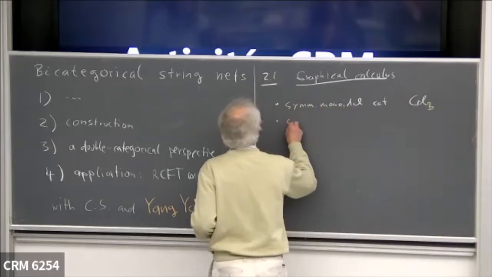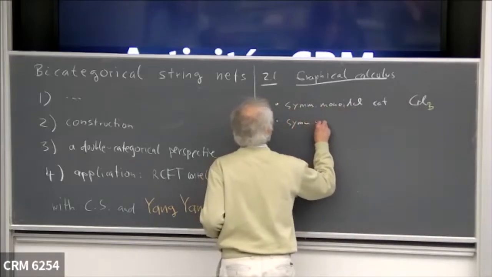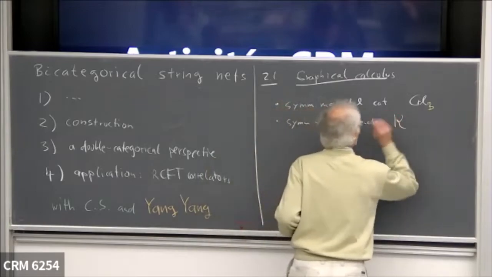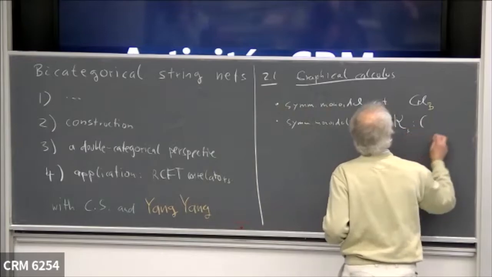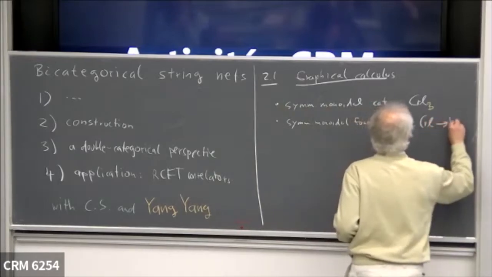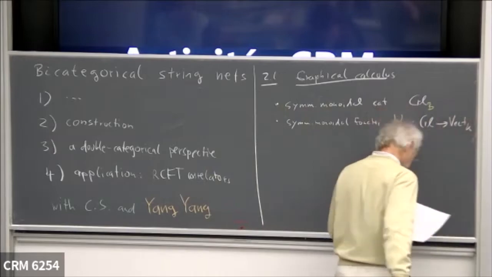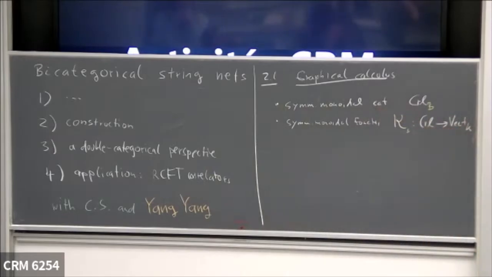And then there is a symmetric monoidal functor, which I just call script K, again with an index B in principle, from this category of corollas to the category of vector spaces.